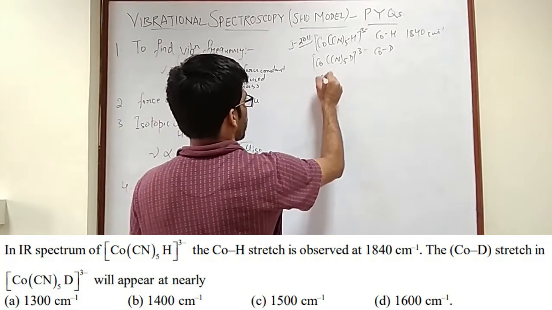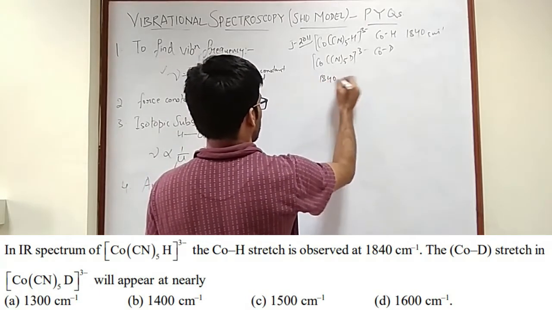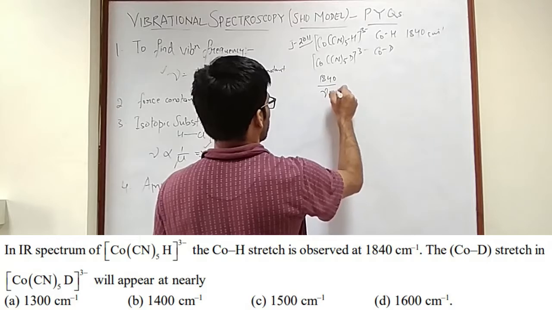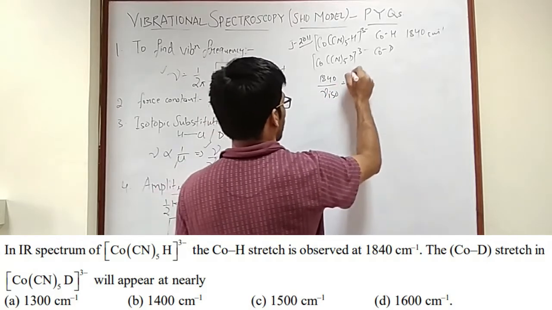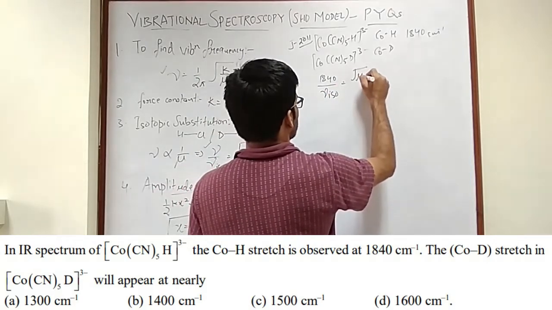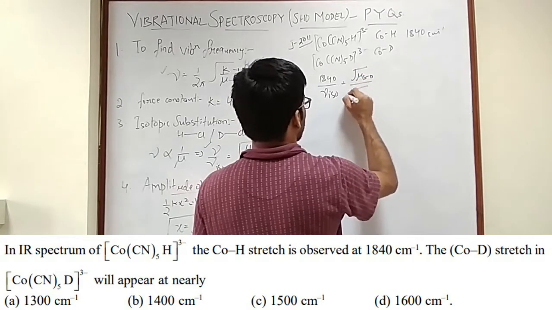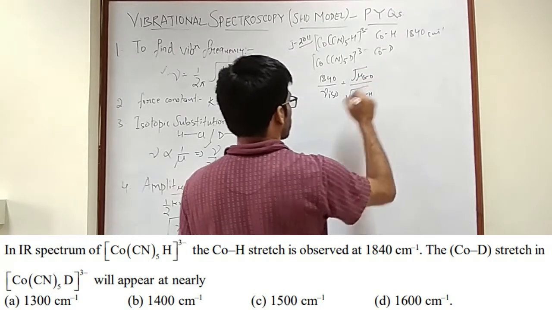So you would get 1840 by nu iso is equal to root of mu CoD by mu CoH.